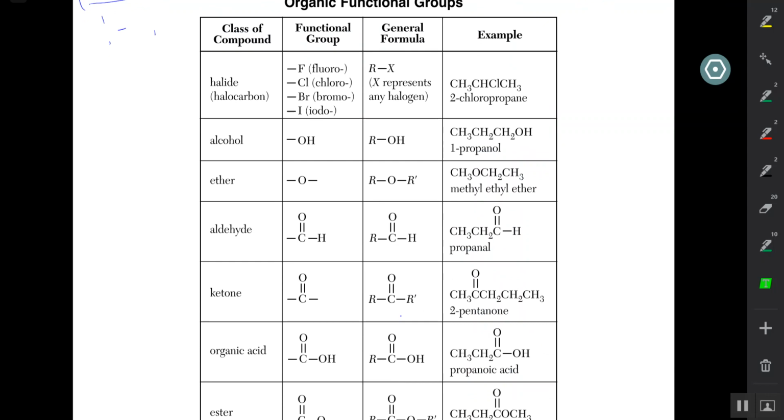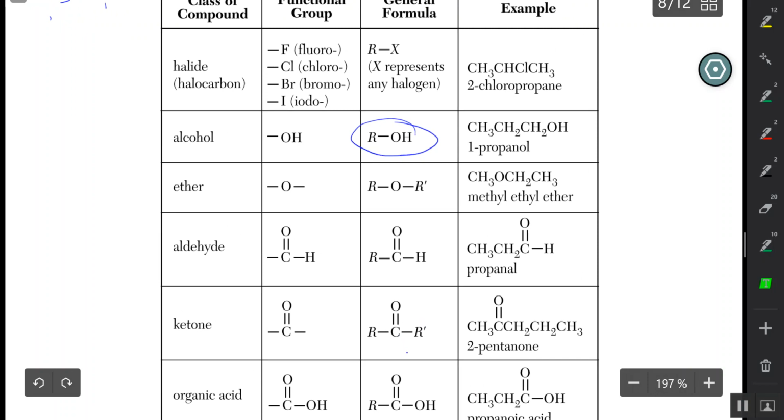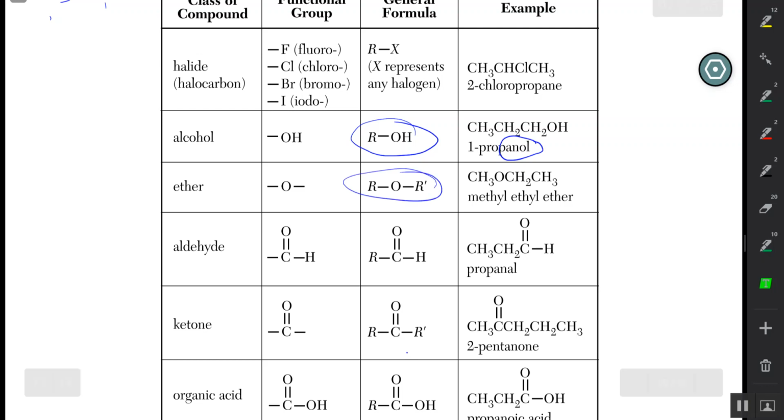So, if you see an OH attached to a carbon, know that the name of that chain must end in anol. If you see an O trapped between two carbons, know that the name of that chain must end in the word ether. And the left chain and the right chain will have a YL extension.